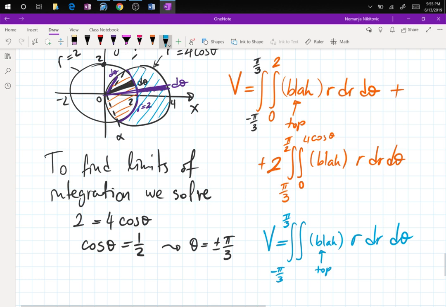And this is what I like to say if you are struggling to set this up: the way the functions go is far minus close, and far is always the upper limit, close is always the bottom limit. So far minus close: there will be 4 cosine theta on top, and close is 2 on the bottom.